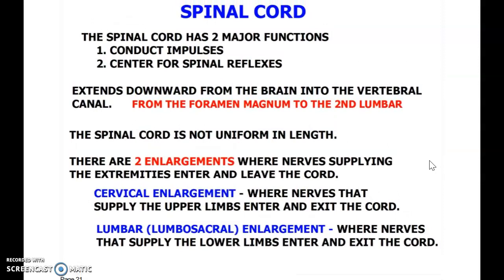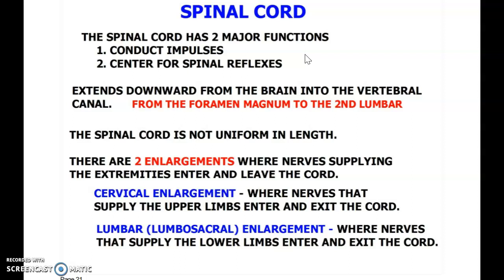Spinal cord. You know that there are two major functions for conducting impulses when you think about the afferent pathways bringing sensory information to the CNS, efferent pathways then taking the information once it's in the association neurons and then sending it to effector organs or muscles or glands for some type of response.